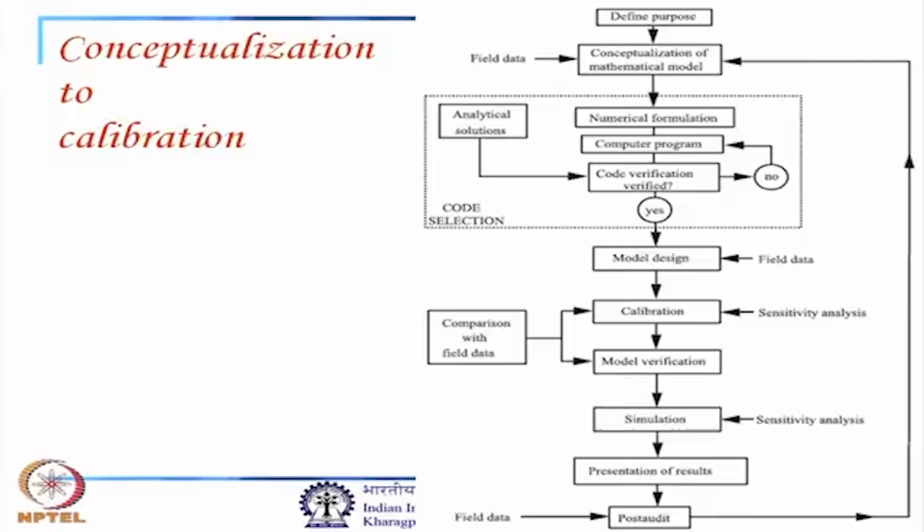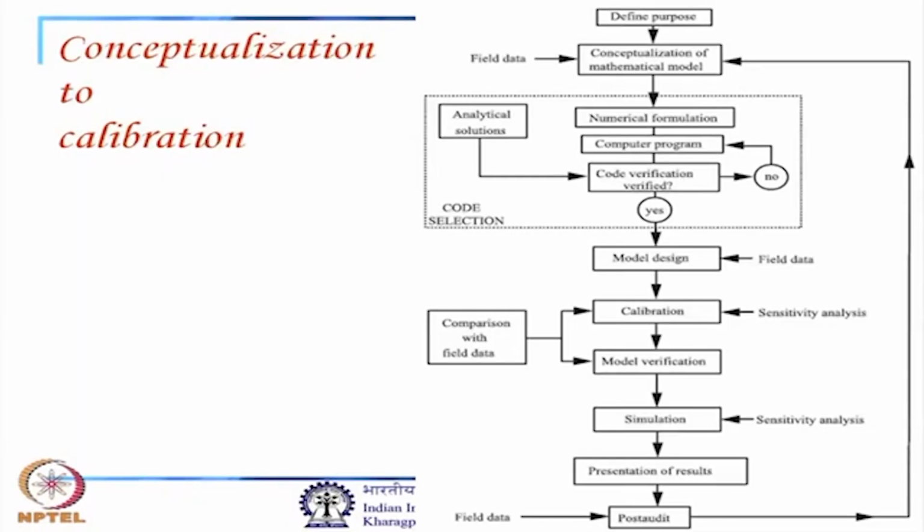So, code selection in this case is an important part of the modeling exercise. One can have their own code, or they can readily select some codes which are available in the public domain.